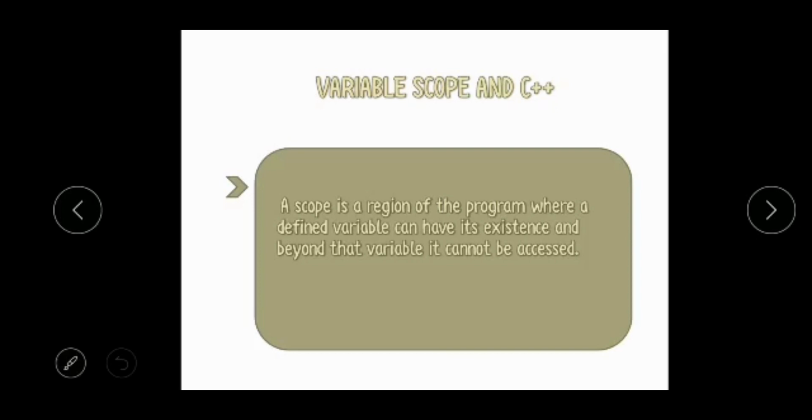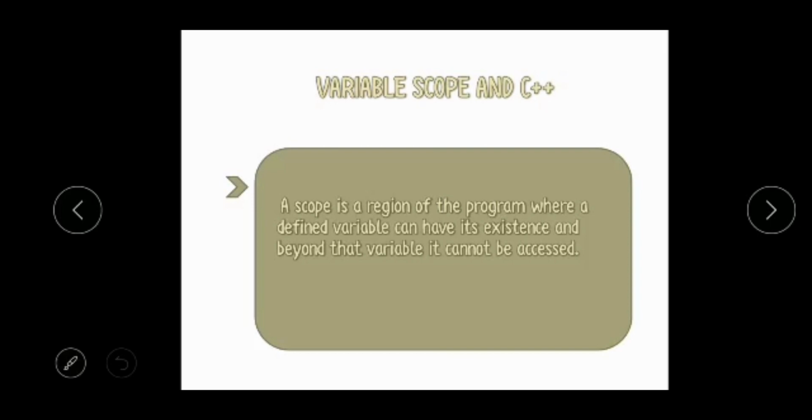First, inside a function or a block, which are called local variables. Second, in the definition of function parameters, which are called formal parameters. Third, outside of all functions, which are called global variables.